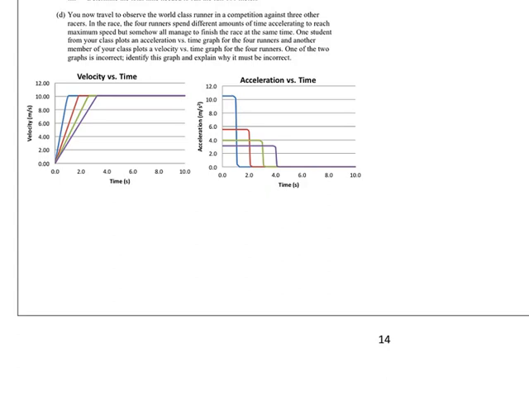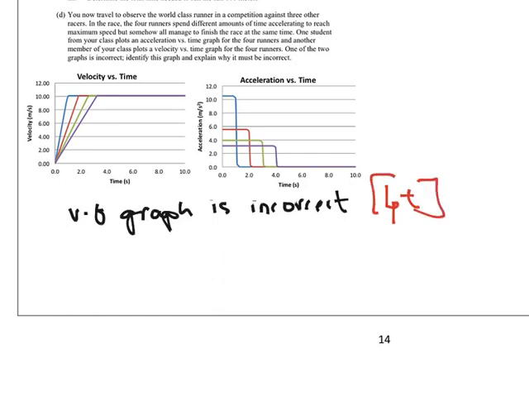Now, what they're asking you is, they're saying one of these two graphs is incorrect. Tell us which one. And the answer is that the VT graph is incorrect. So for identifying correctly that the VT graph was the one that was incorrect, you get 1 point.